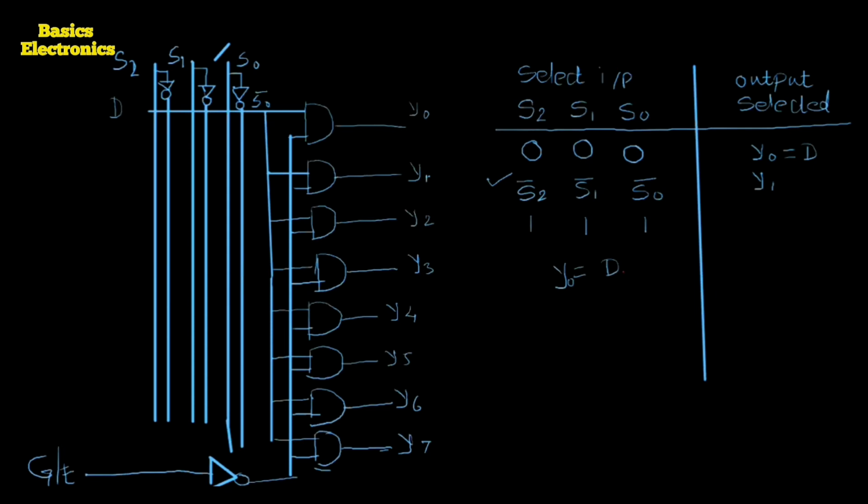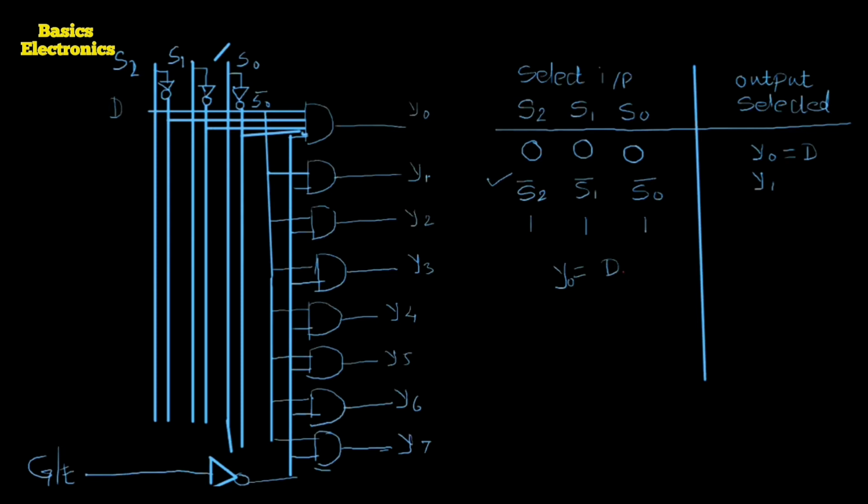For that, the S1 bar I am going to connect. You also make the connections like this. S2 bar, then S1 bar, and the last one is S0 bar. So these are the connections for the first AND gate.